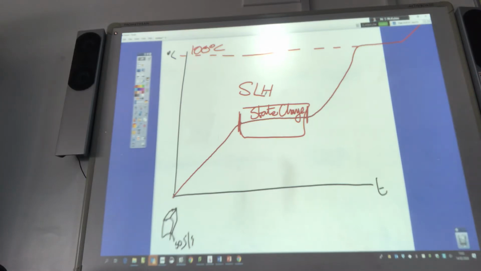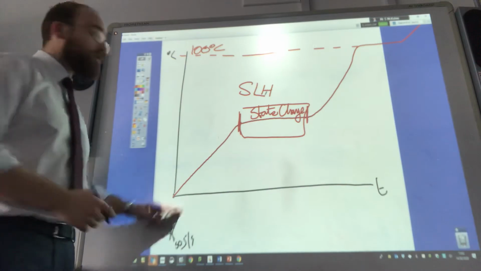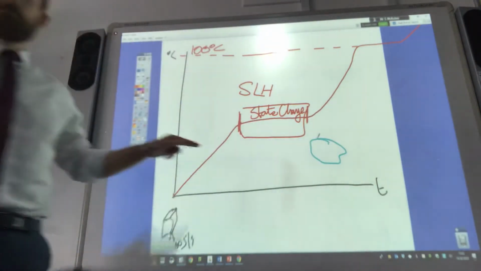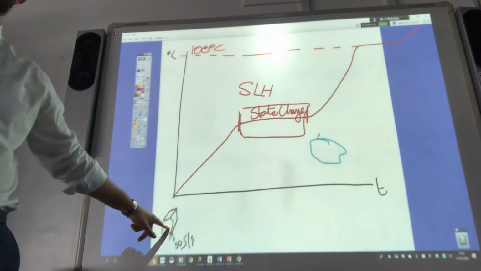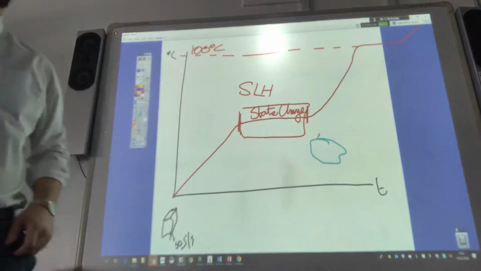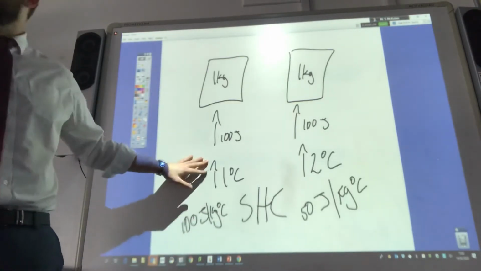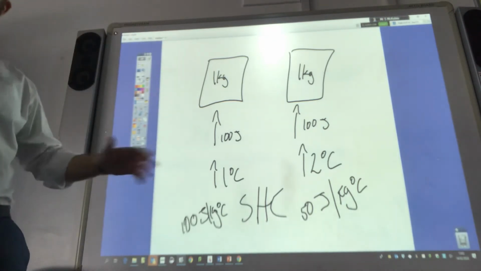The latent heat is the heat that's going into the object that is changing its state from a solid ice cube to a liquid puddle. The latent heat is the amount of heat needed to turn this from a solid into a liquid. The specific heat capacity is the amount of energy required to increase the temperature by 1 degree Celsius. And it's as simple as that.